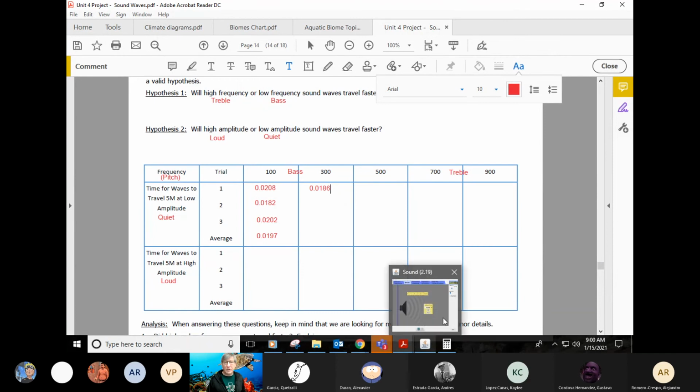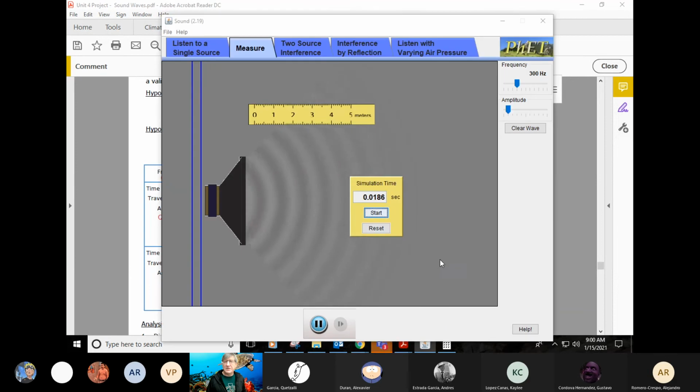And we're going to go again 3 times and then find the average. Here I go. 0.0190. So take this number and put it in the data table.